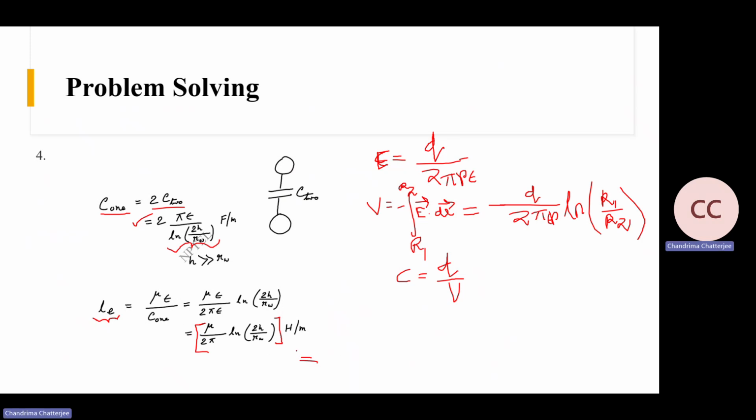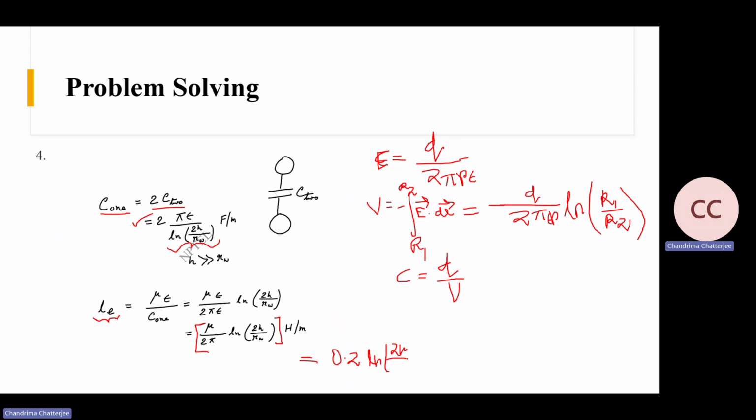Mu by 2 pi is what? Mu by 2 pi is 2, right? And if we are representing in microhenry, then 0.2, because there was 10 power minus 7. So this is 0.2 ln 2h by rw.